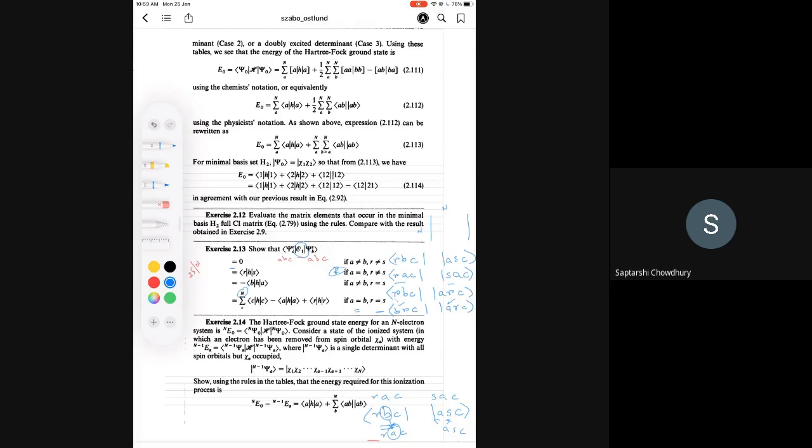So that's why we're writing like this, A B C and ABC, in the bracket. I'm just using a rough representation. This is no particular notation. I mean, this is a determinant.